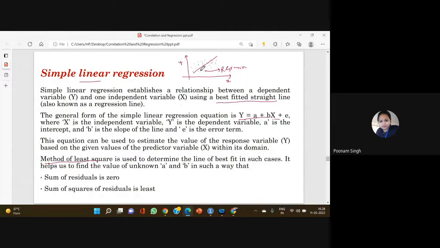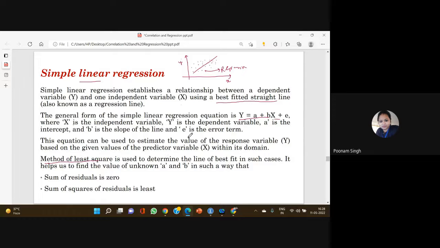there can be many lines that can be drawn, you know. For different values of a and b, we can draw different lines through these points, but which line will be the line of best fit? It means which line will approximate the values of x and y.